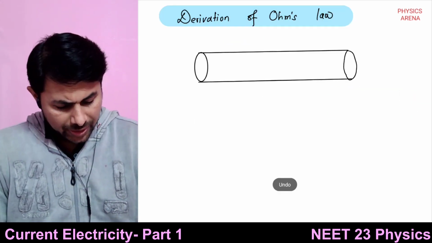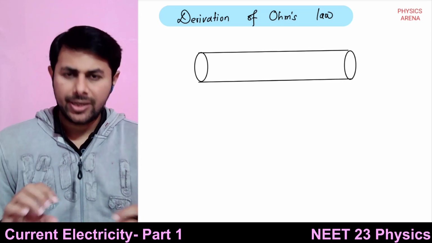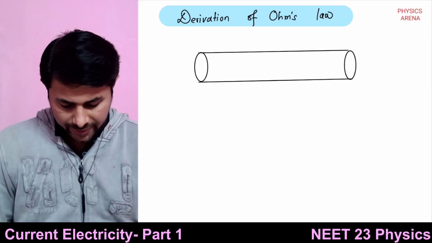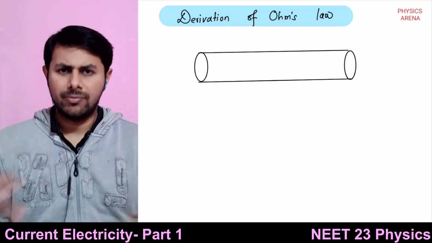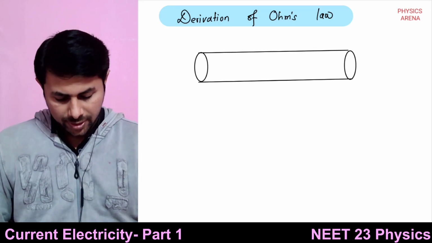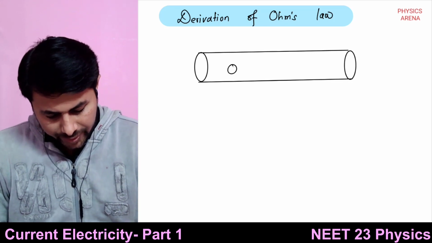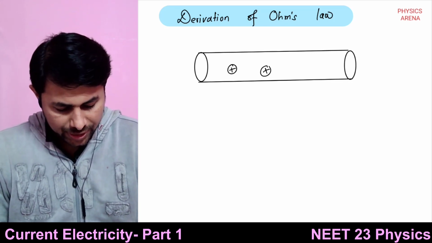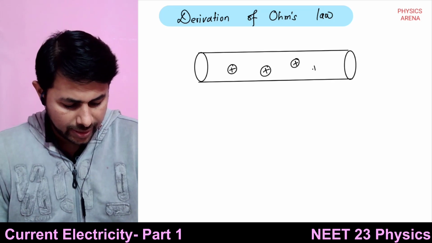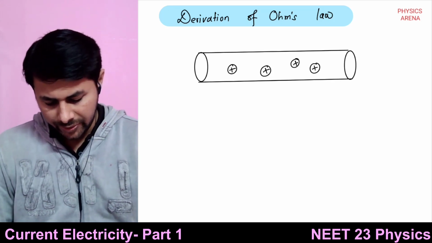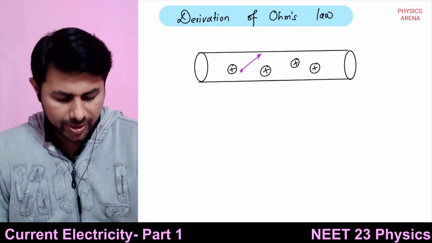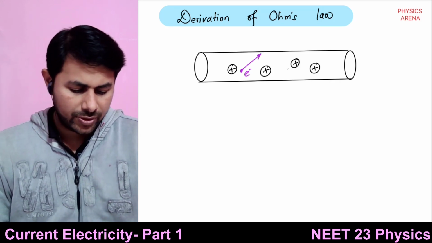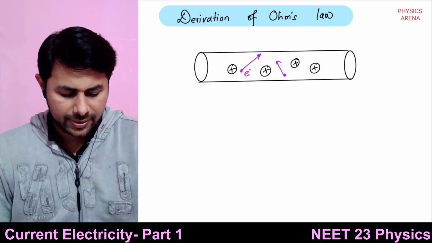basics. We know that there will be electrons inside this conductor, and metal ions, and atoms. So suppose these are positively charged metal ions, and we have negatively charged electrons which are moving in all possible directions with all possible velocities.